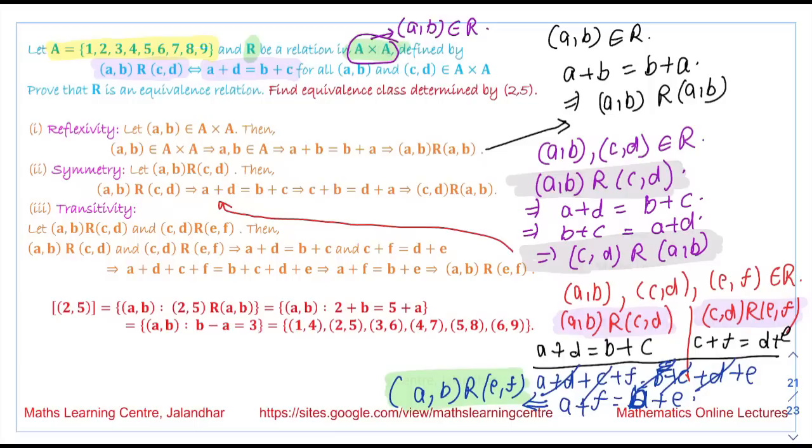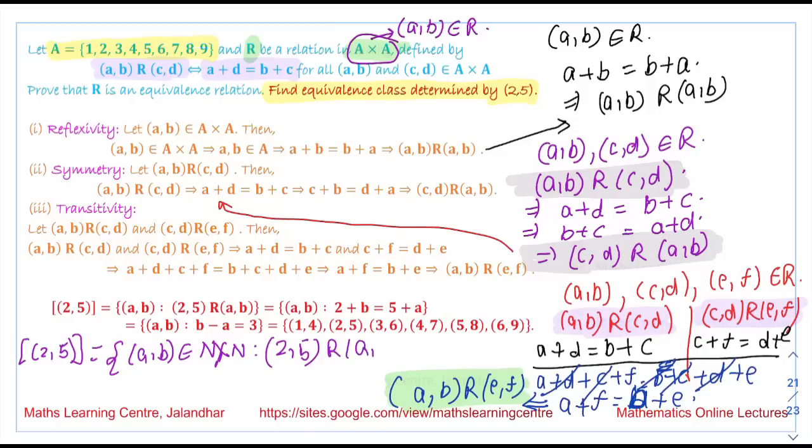Now next we have to calculate the equivalence class corresponding to the element 2 comma 5. So the equivalence class corresponding to 2 comma 5 means we have to find all those elements A comma B belonging to N cross N, such that 2 comma 5 is related to A comma B. What does this mean?